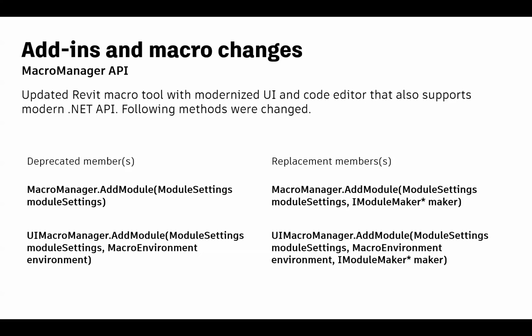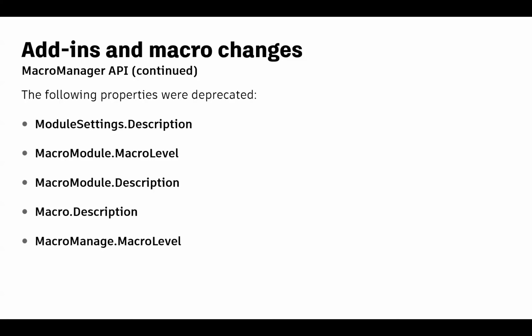The AddModule method of Macro Manager received different arguments, so the code that uses it must be changed as well. Also, the following properties were deprecated, and you should stop using them: description, macro level, macro description, macro module description, and macro level for Macro Manager.